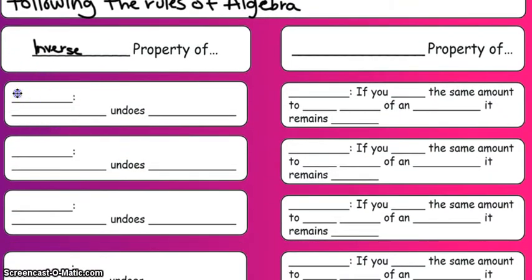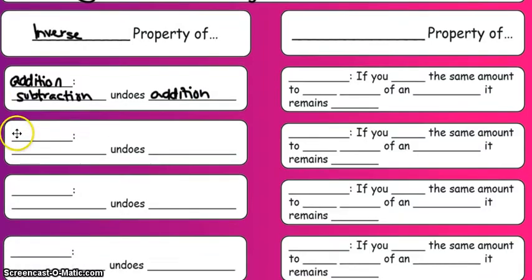Inverse property of addition means that subtraction undoes addition. Then we have the inverse property of subtraction, and we know that addition undoes subtraction.